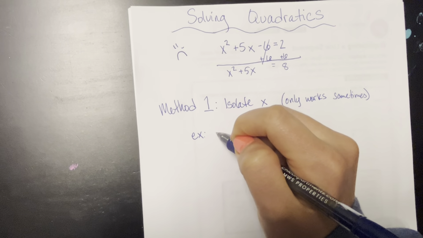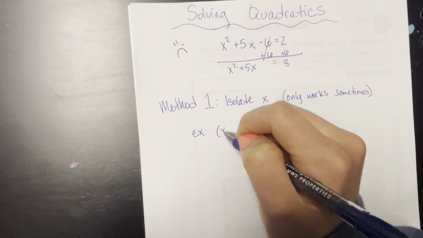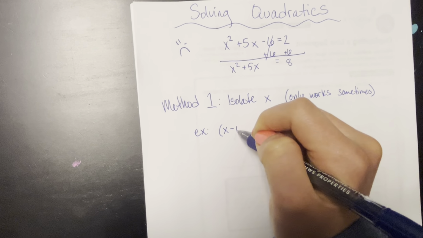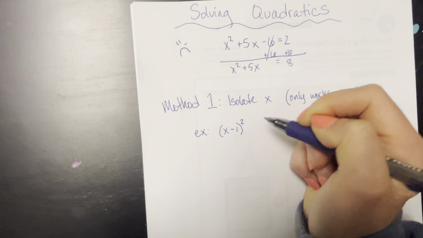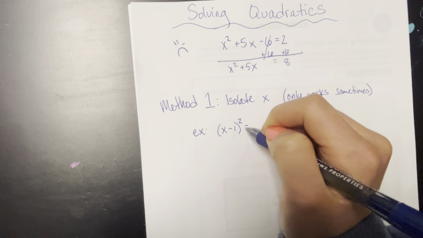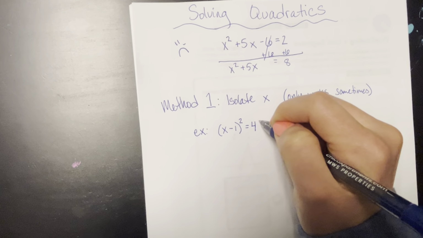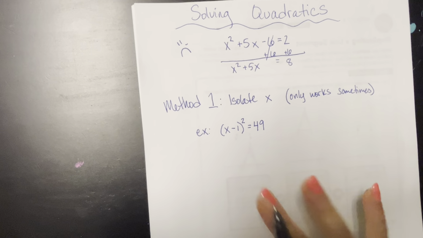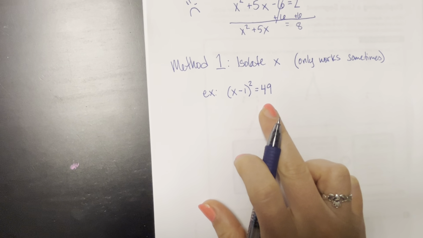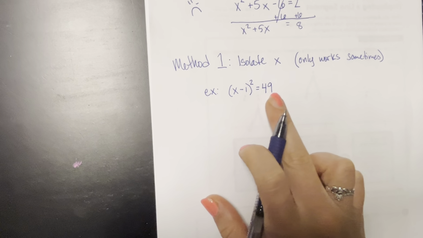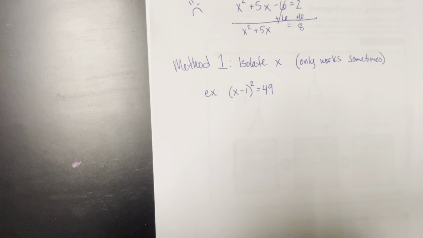Let's say you have the equation x minus 1 squared equals 49. So this is a simple vertex form. It's not equal to 0 yet, so technically the 49 is the wrong vertex form.